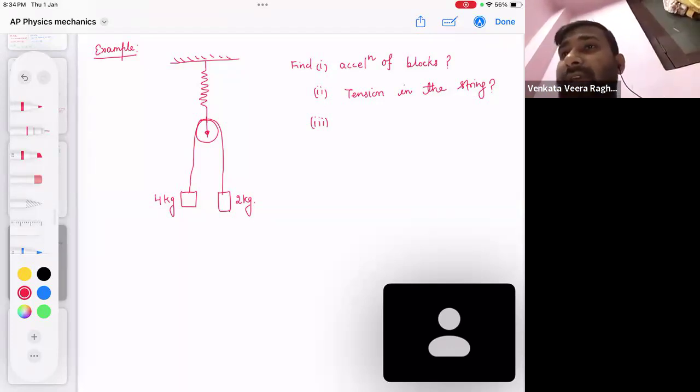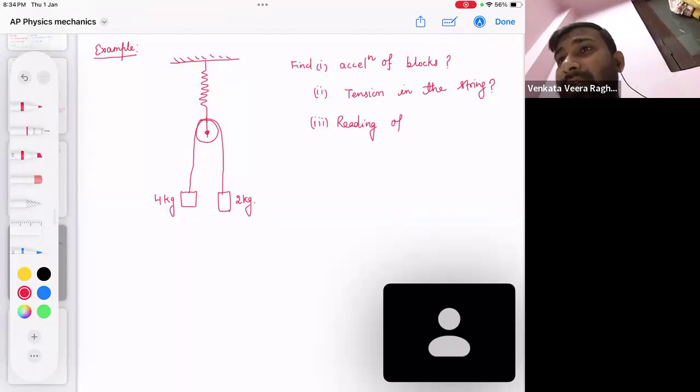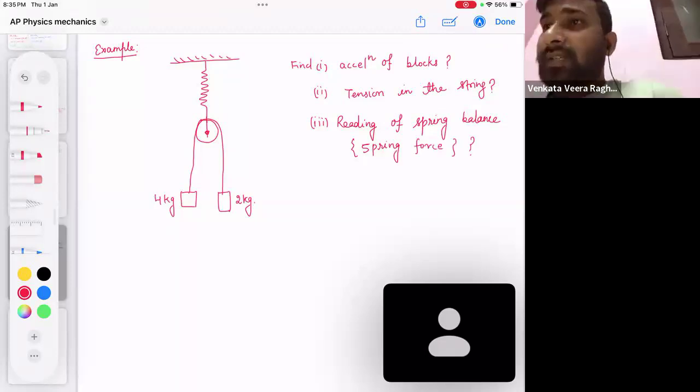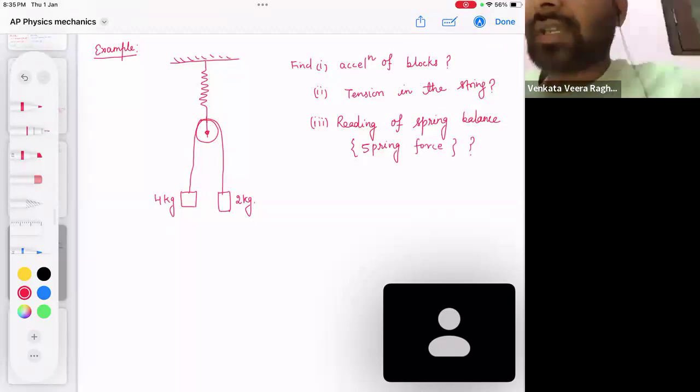They use words like this just to confuse you. Nothing different I'm asking in the question. Just tell me what is the spring force. That is the reading of the spring balance for us.